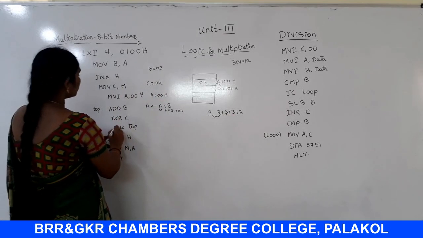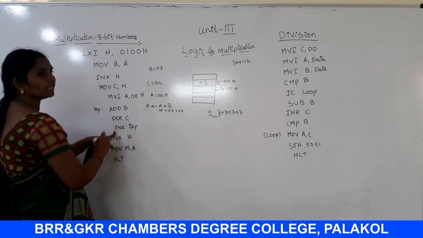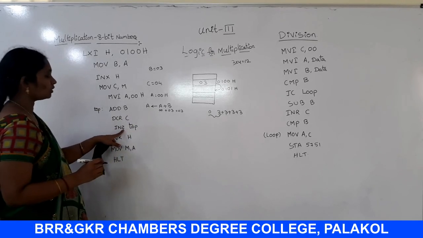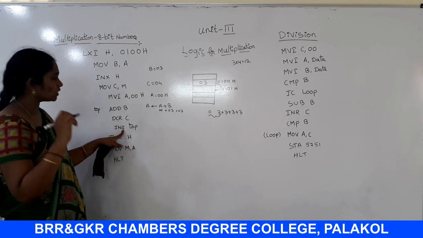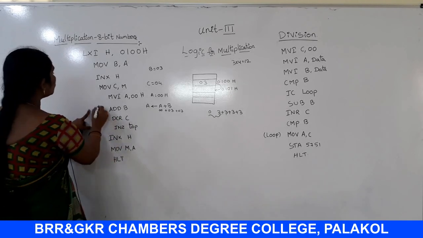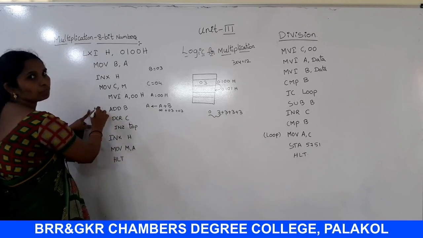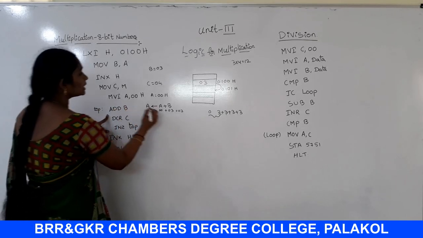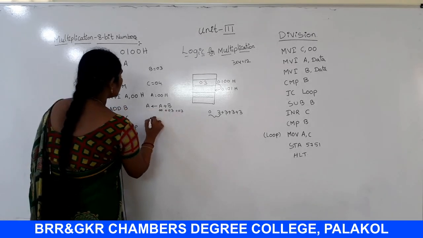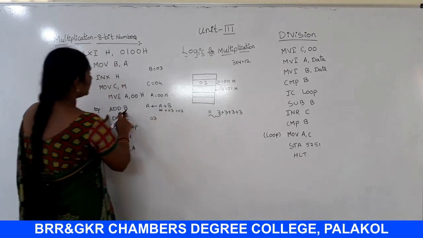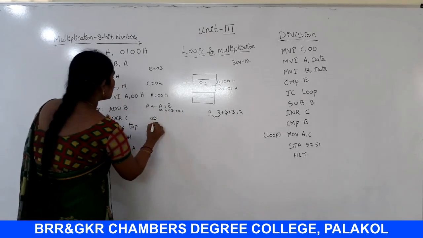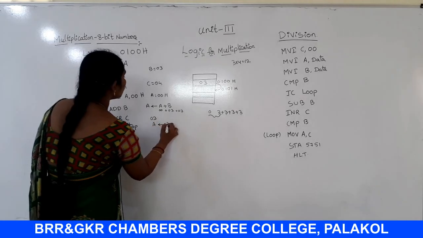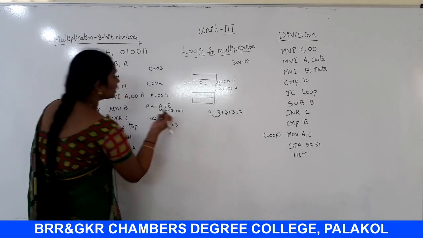Okay, so JNZ is nothing but jump if non-zero. So this is non-zero, therefore you have to go to the top position. Then we have to again add B, that is, the accumulator having 03 here, and again ADD B means 03 plus 03 here.